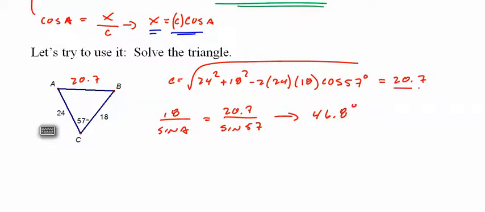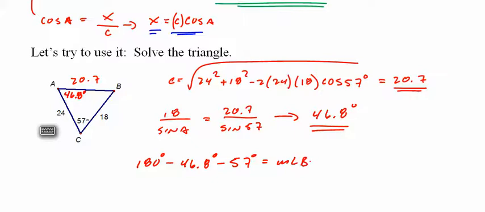Some people say, well, can't I just do law of cosines for everything? Yeah, sure. I think it's a pain, but go for it. 180 minus 46.8 minus 57 degrees is the measure of angle B, and this, by the way, is where you start getting really good with your calculator, or not, in which case life is really rough.